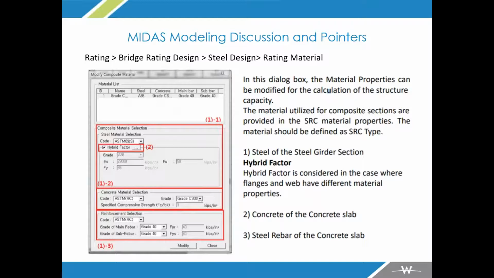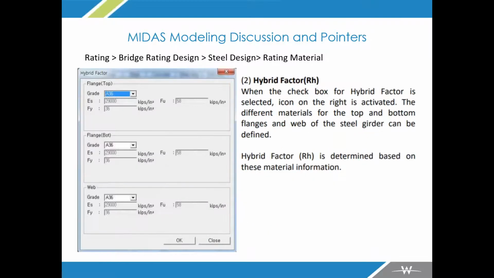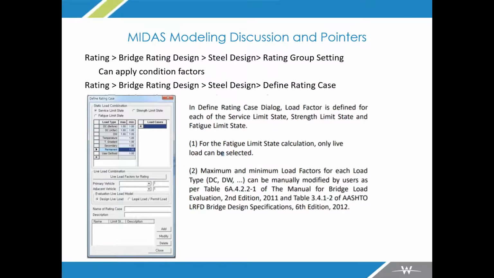Here are your rating materials. Again, you've got hybrid factors if you have them. You input the stress for your concrete, your steel, and then reinforcement as well. Then we set up our rating groups, and you can apply those condition factors, service limit, strength limit, fatigue limit, states, what primary vehicles, all your subset of vehicles, be they legal loads or those FHWA loads, the EV trucks, whatever they might be.